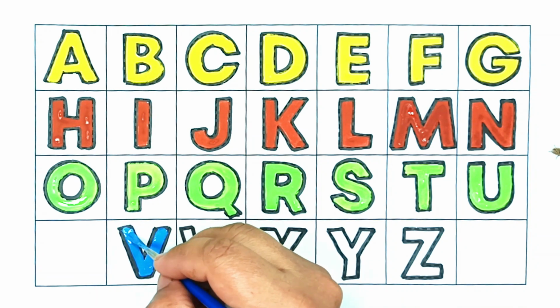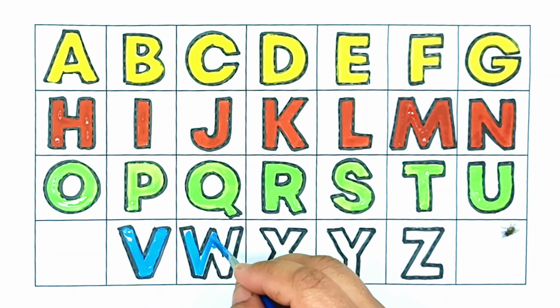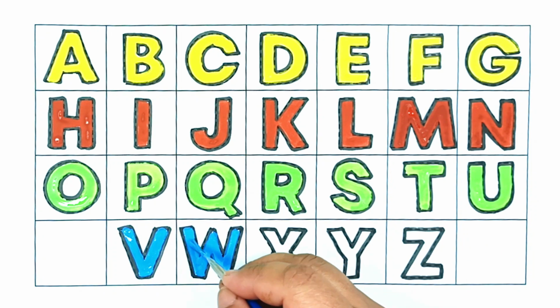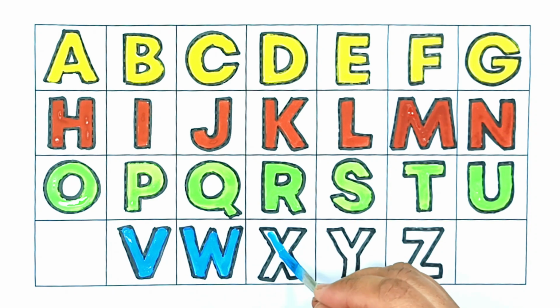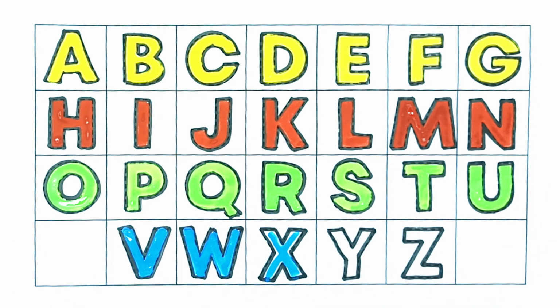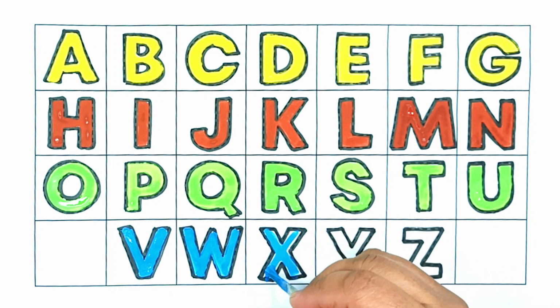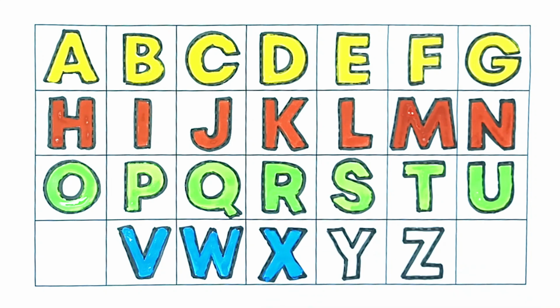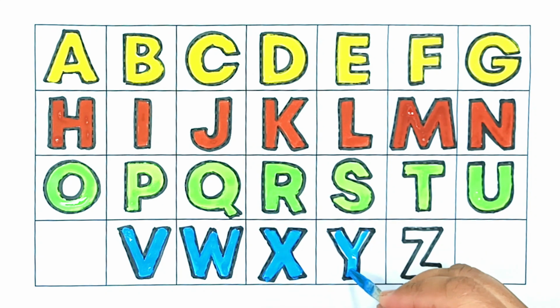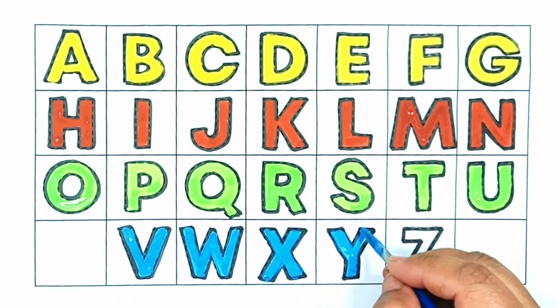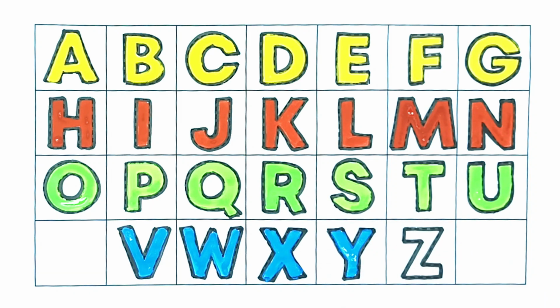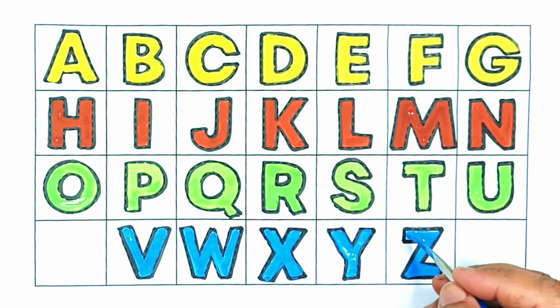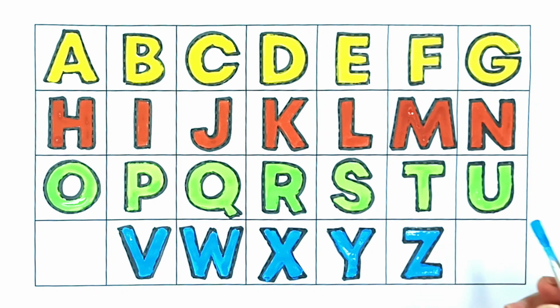V for van. W for watch. W for watch. X for xylophone. X for xylophone. Y for yacht. Y for yacht. Z for zebra. Z for zebra.